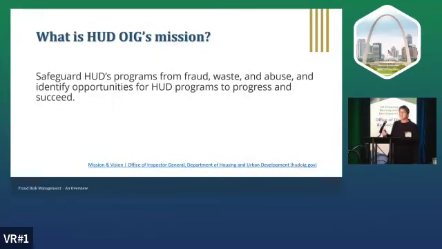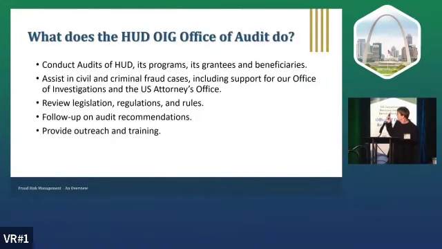Okay, what is our mission? Well, it's actually pretty darn simple. Safeguard HUD's programs from fraud, waste, and abuse, and identify opportunities for programs to progress and succeed. That's actually pretty short considering all the things we do. I am an auditor. So what do auditors do?